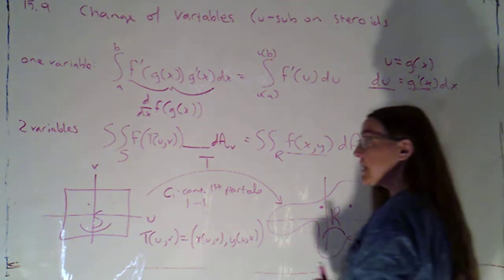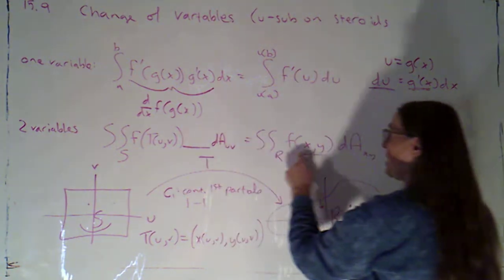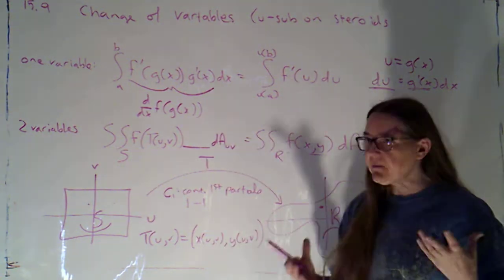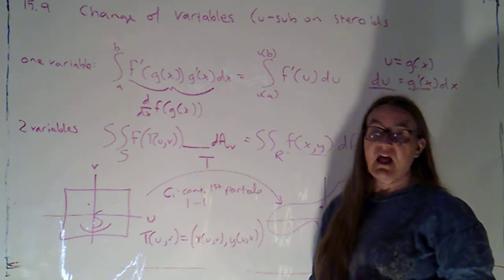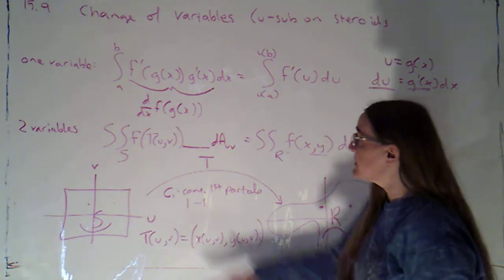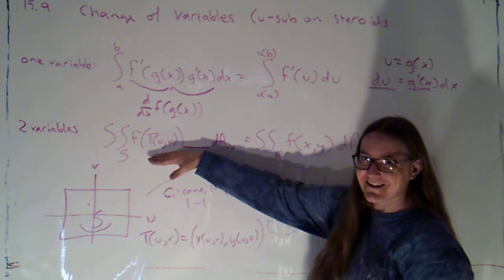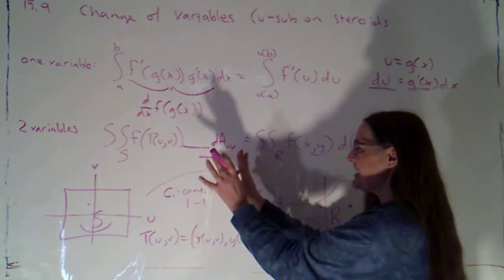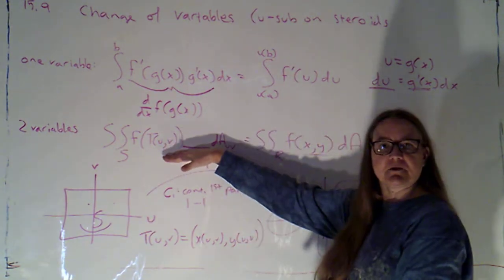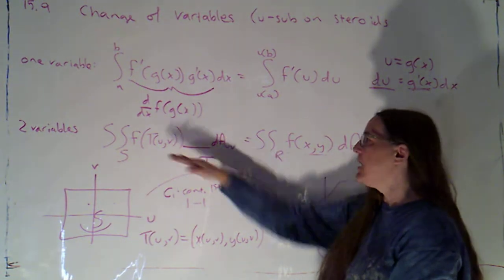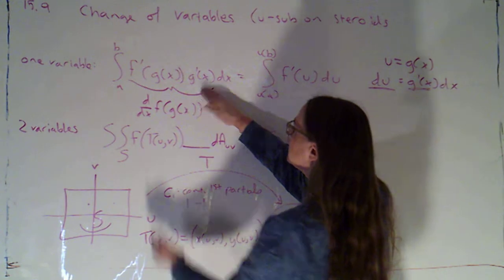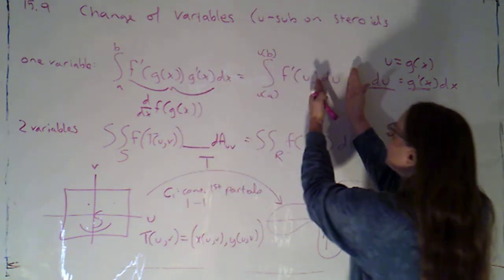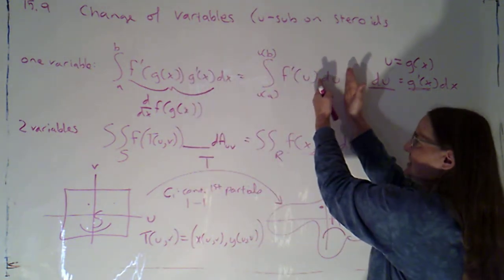Well, there are going to be times when this does look more complicated than this, but we're going to be okay with that because the region is that much simpler. There are actually going to be times when, even though the formula for this looks more complicated, in reality this is much simpler, so that we're actually simplifying what the integrand is. But notice that when we do a u sub, the g prime gets absorbed into the du.